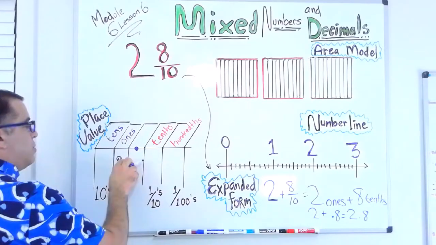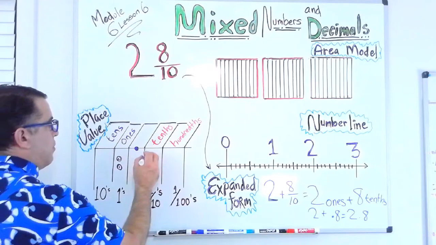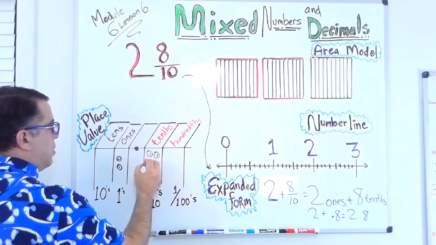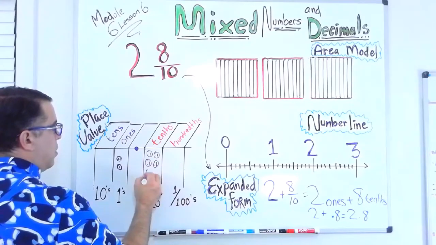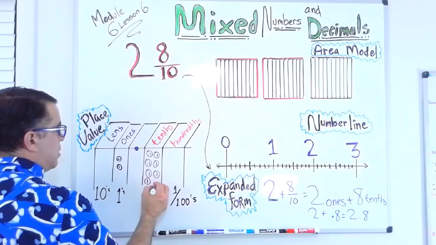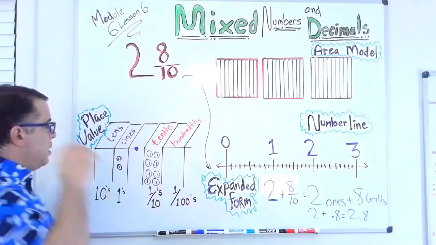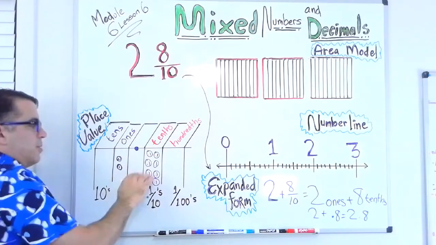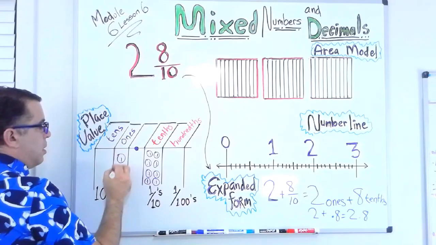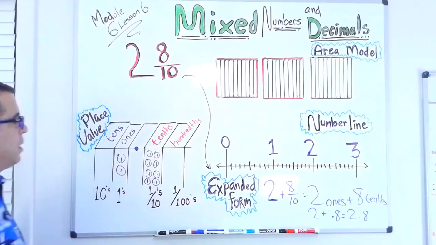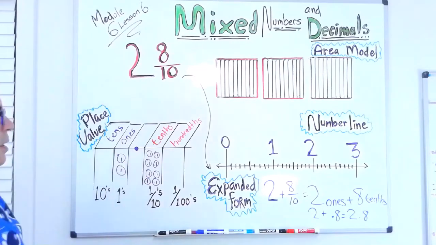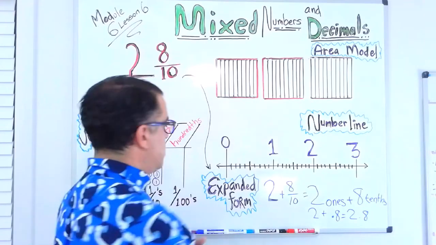So I have 2 ones here, and then I have 1, 2, 3, 4, 5, 6, 7, 8/10. Now don't worry about the size of these discs. They're all supposed to be about the same. Let me make them the same. Okay? And of course there's a decimal place in between them. Alright, let's move on to the number line.